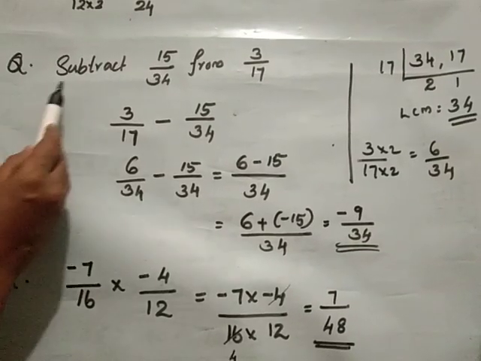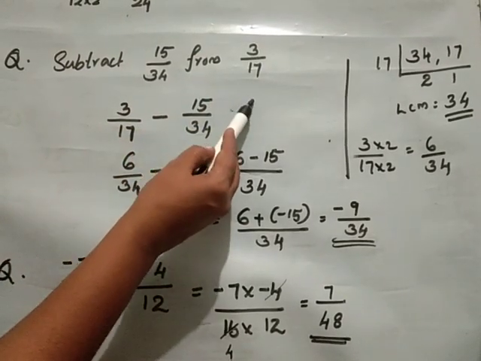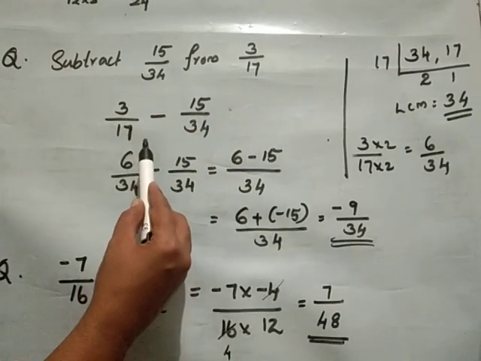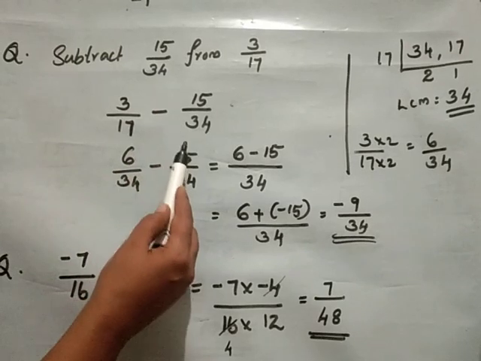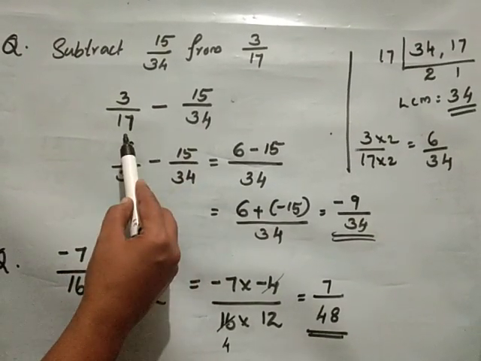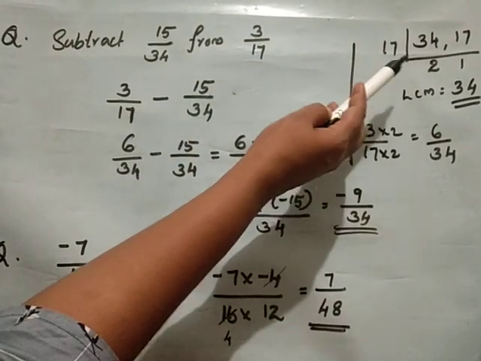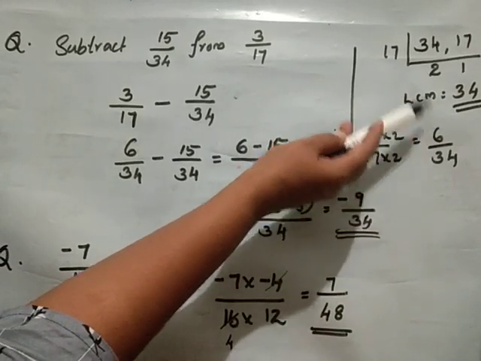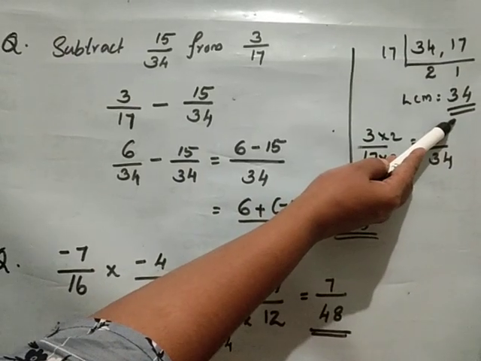Next question, subtract 15 by 34 from 3 by 17. Okay, first change the statement to mathematical form. So 'from' means 3 by 17 minus 15 by 34. Then here, unlike rational numbers, we change to like with the help of LCM. LCM of 34 and 17 is 34 because 2 17s are 34. So we get LCM 34.